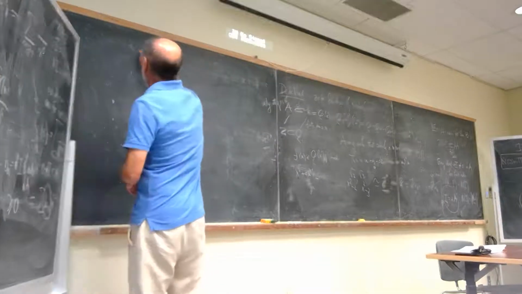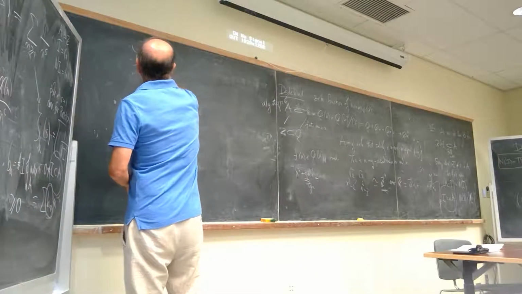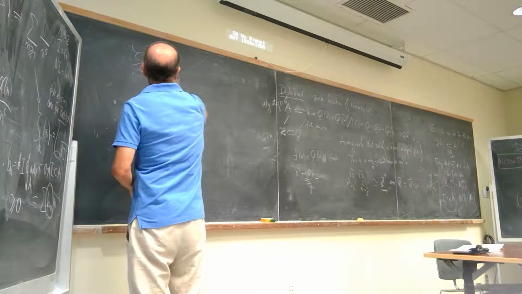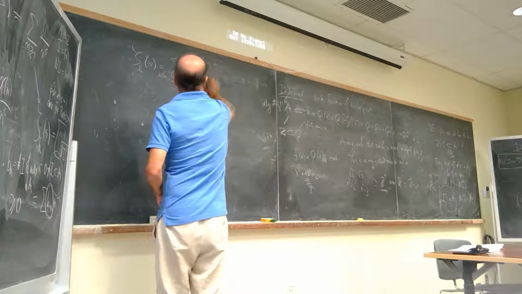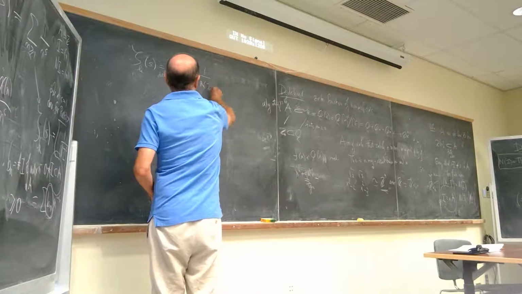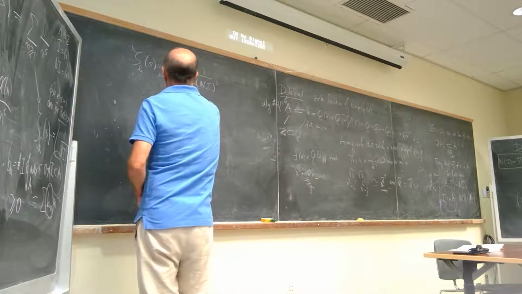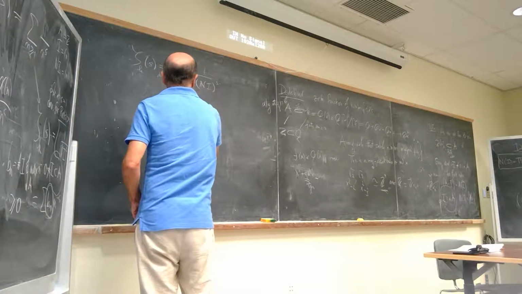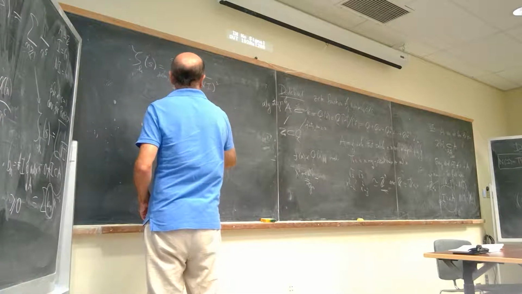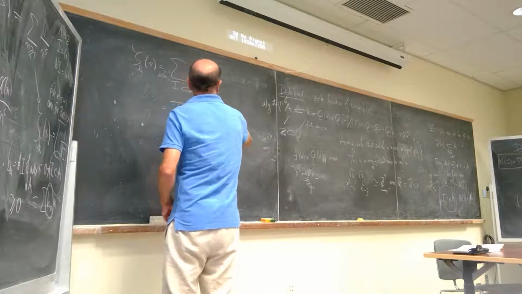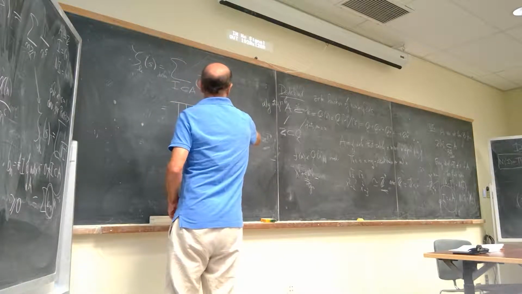Namely, the zeta function of K at s, which is by definition the sum over the non-zero ideals I of 1 over the norm of I to the s, can also be written as the product over the prime ideals P, again not zero, of (1 minus the norm of P to the minus s) inverse.